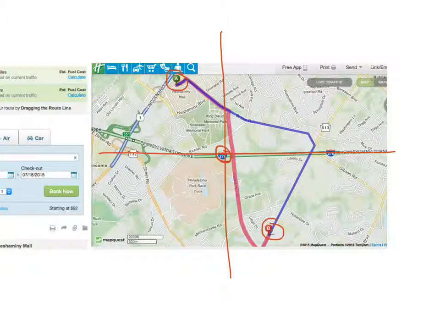The Neshaminy Mall could be something like, I don't know, over to -1.5 and up to +2. Negative 1.5 miles, 2 miles. Bensalem High School could be over 1 mile and down 1.5 miles, perhaps.